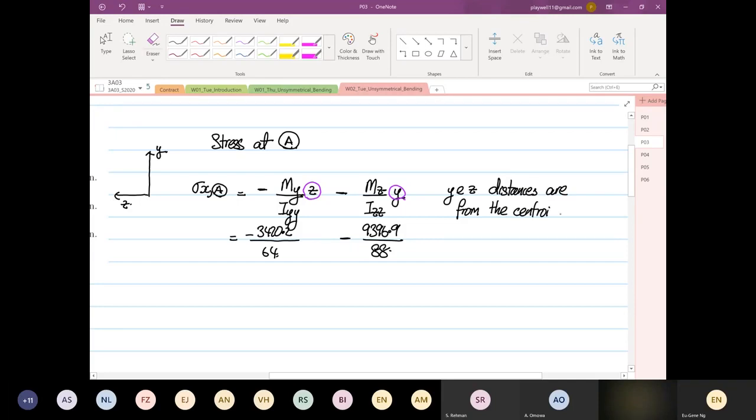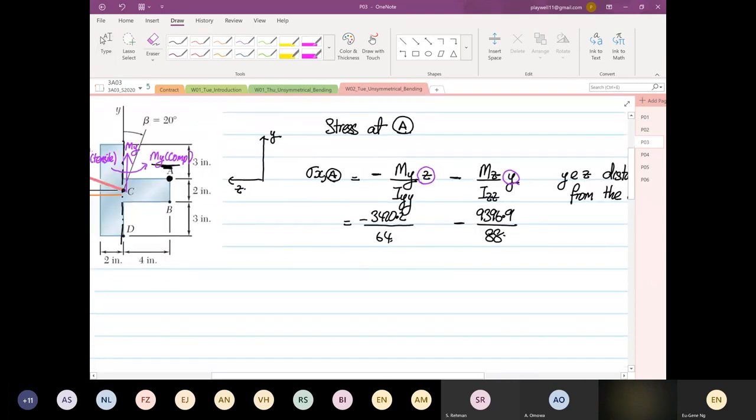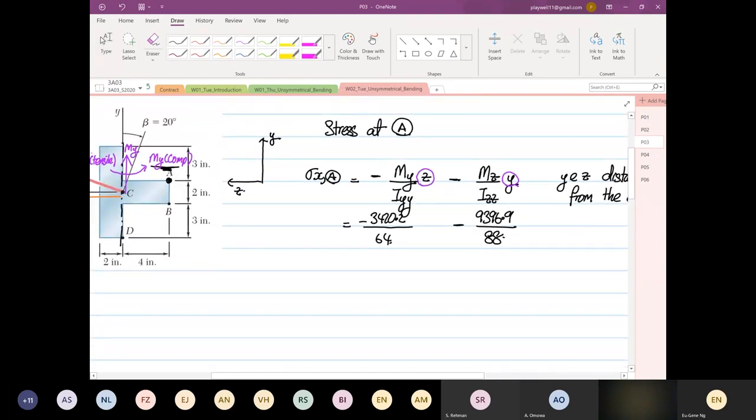The problem that most of us have is the direction. So can anyone tell me at point A, what is the Z distance? Anyone, please? Is it going to be 1 or is it going to be 4? 4 inches. 4, right?